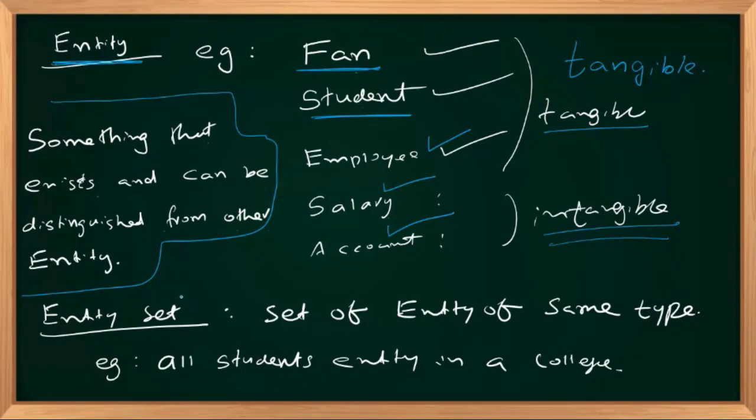Next one is entity set. It means a set of entities of the same type. A set of entities of the same type is the entity set. For example, all student entities in a college form the entity set.